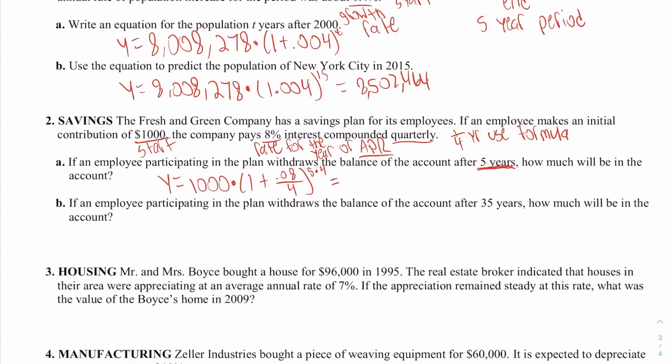So now we simplify this to be 1,000 times 1/4 of 0.08 is 0.02. So 1.02 to the power of 20, which is $1,485.95.